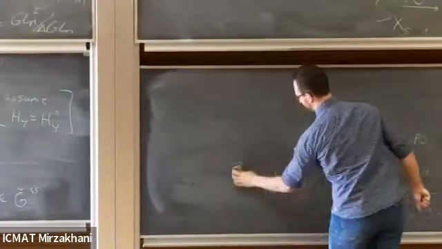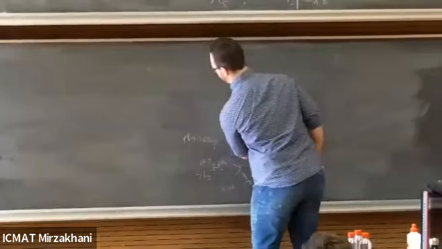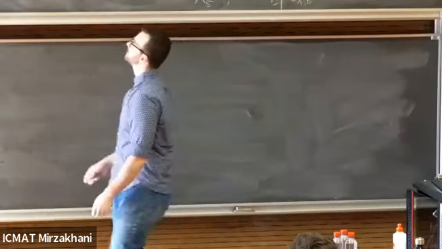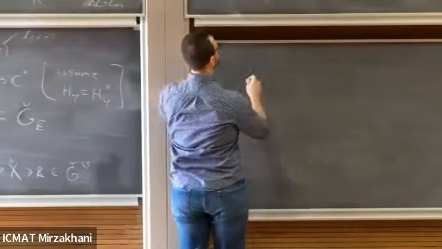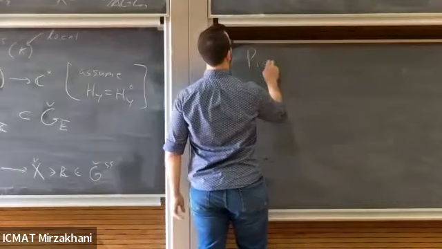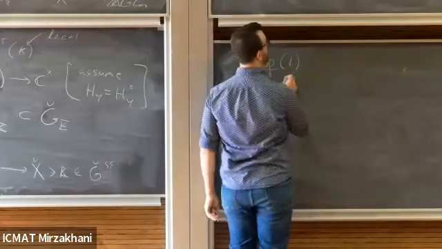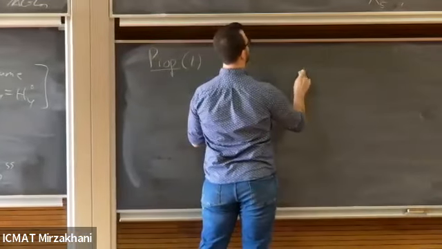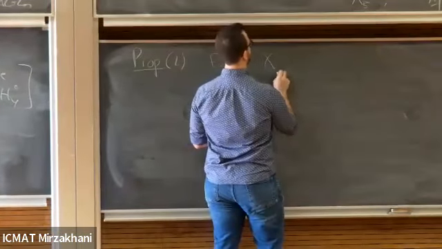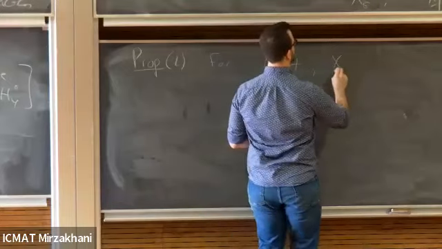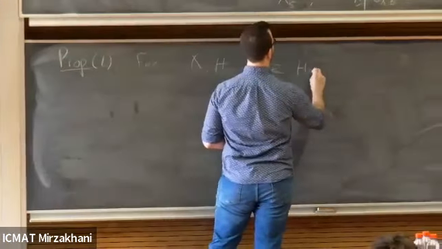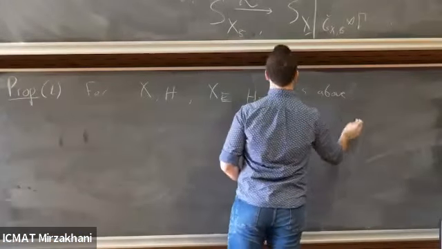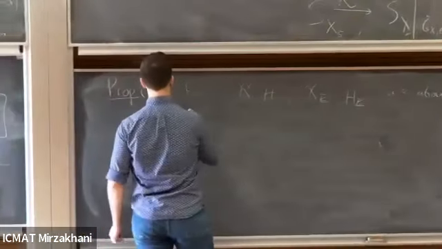Okay, why? Where does this connect to what we were discussing earlier? There's more or less an immediate proposition from this, that for X and H and X kappa, H kappa, as above, we obtain canonical maps.